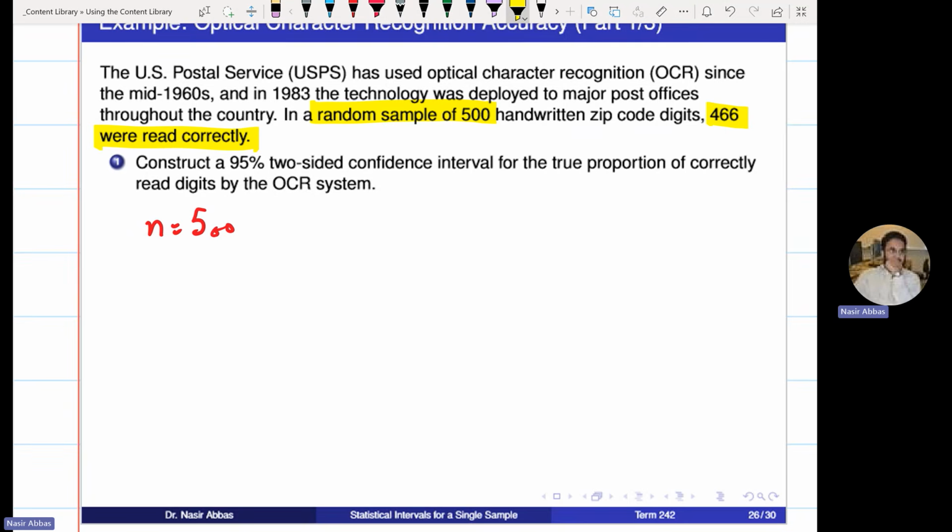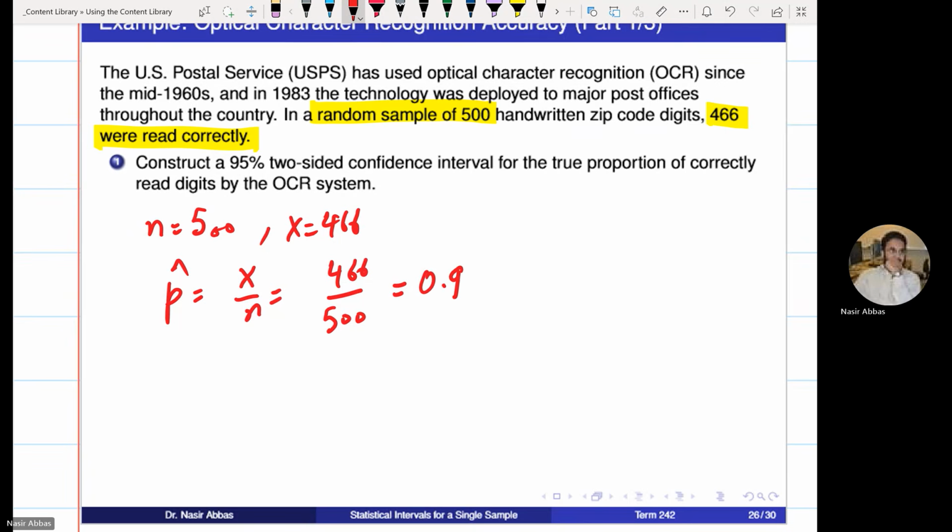466 were read correctly. How many of them were successes? 466. What is the proportion of codes that were read correctly? Calculate. 0.932.